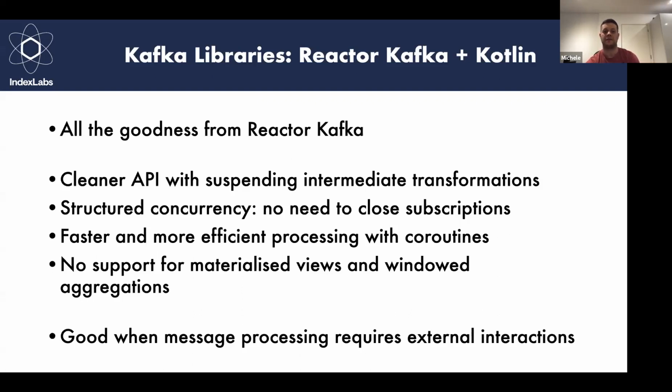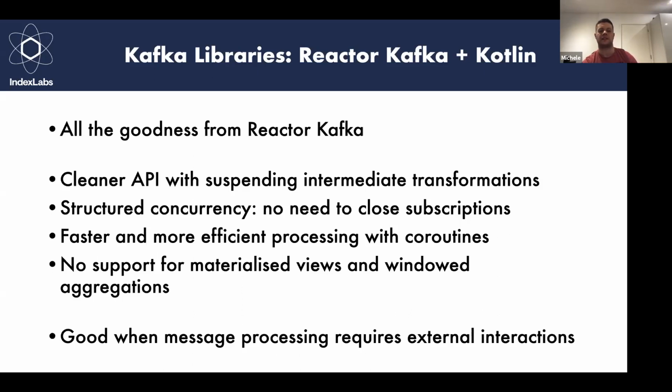And this basically gives you quite a bit of benefits. The first benefit is that the API is really cleaner, because the language itself understands suspending functions. So you don't need to have, as an example, a map and a flat map. You can use just map, whether it's suspended or not. And also, Kotlin has structured concurrency.